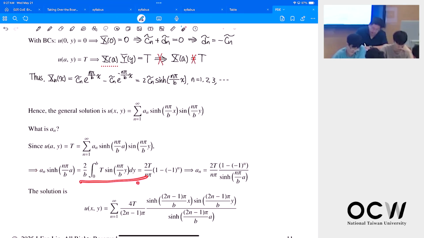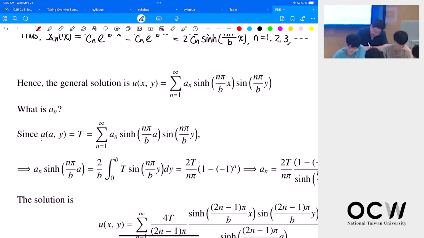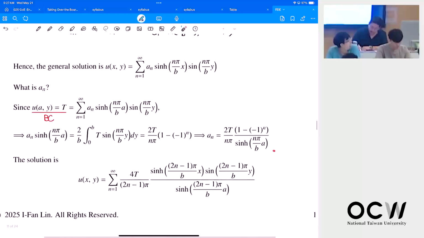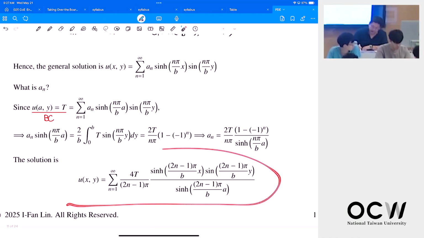Here, I'll say this is the boundary condition. And to get this coefficient, I need T times the sine. Okay? And you can simplify it. The final solution is here.